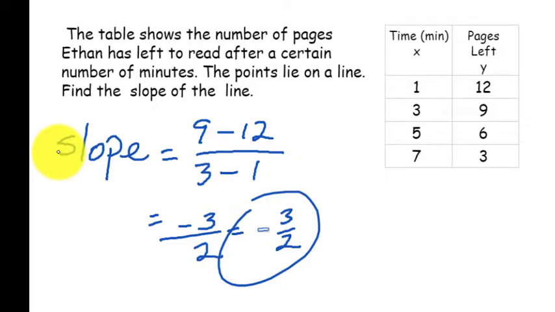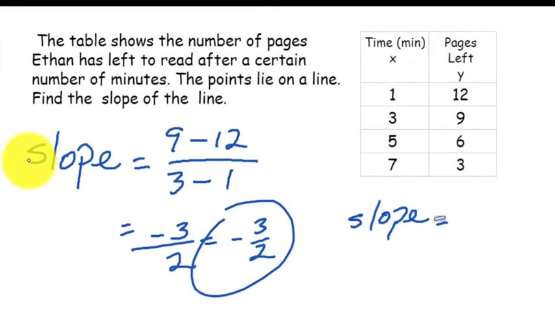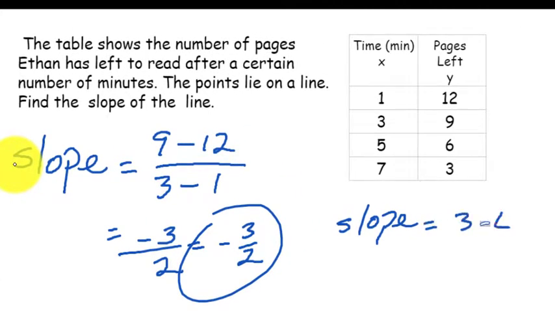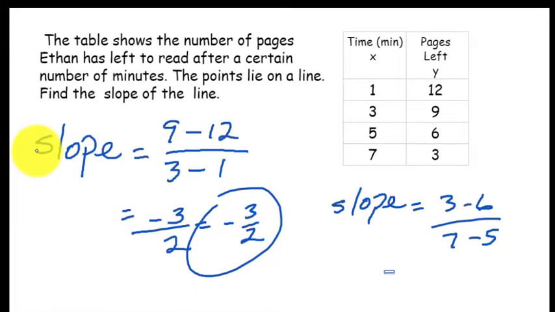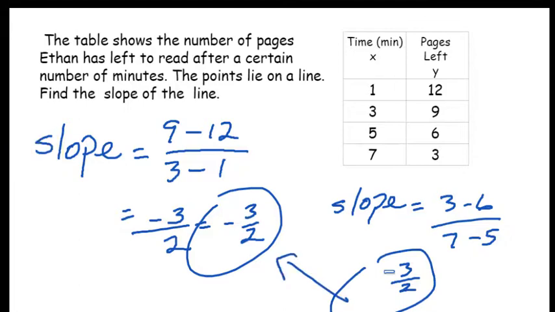So once again, our slope equals, and the last 2 are 6 and 3, so 3 minus 6 and 7 minus 5. So right here, I'm going to get 3 minus 6, that gives me negative 3, and 7 minus 5 gets me 2. Negative 3 over 2, which is the same as my original answer, my slope.